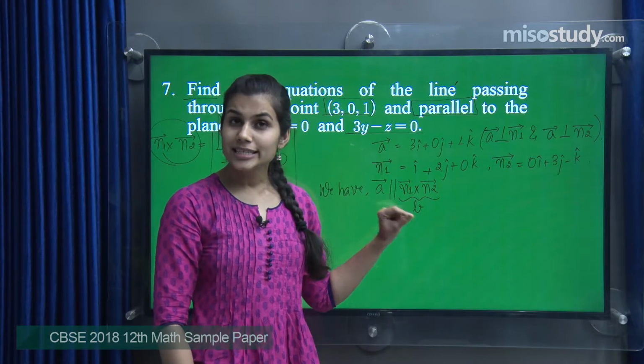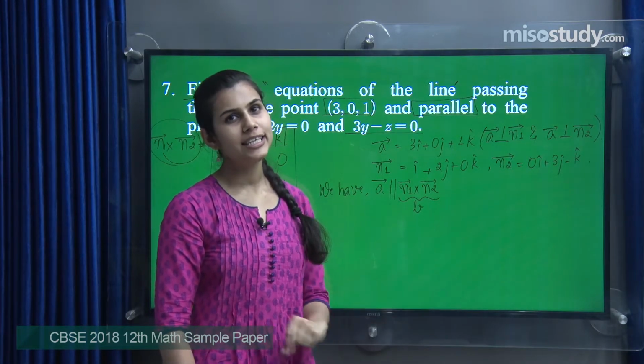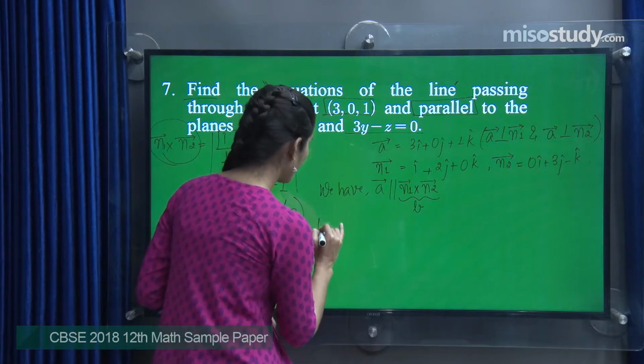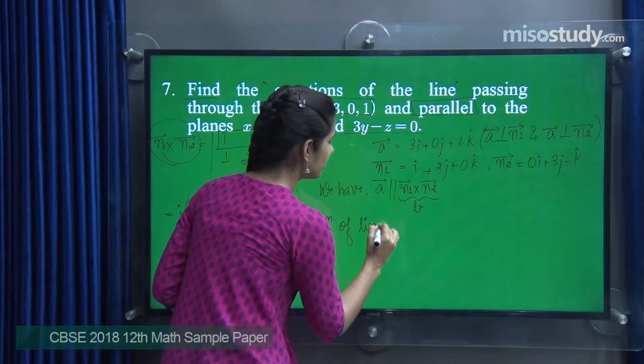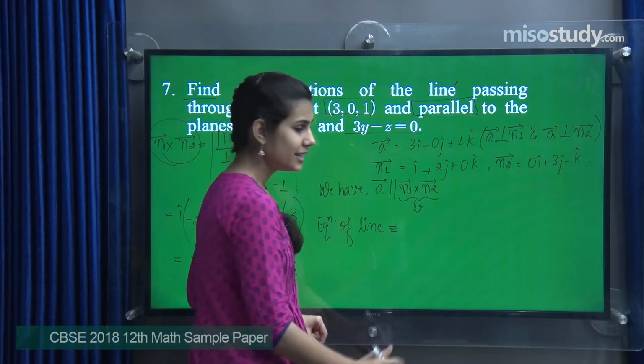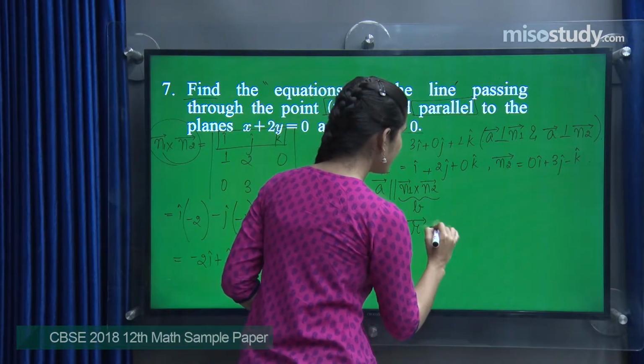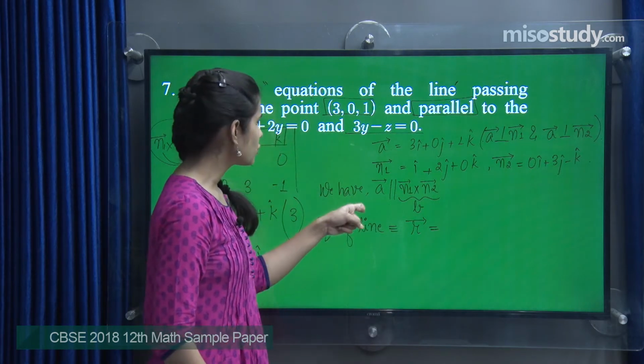Then, once this all is known, we know the equation of our line. Then the equation of the line is what? It is given by R vector equals A vector. So what is your A vector?